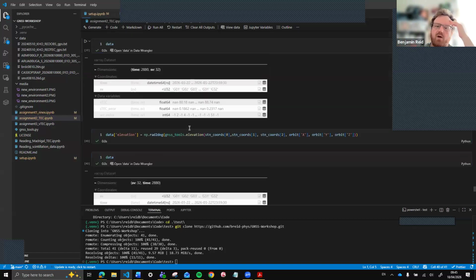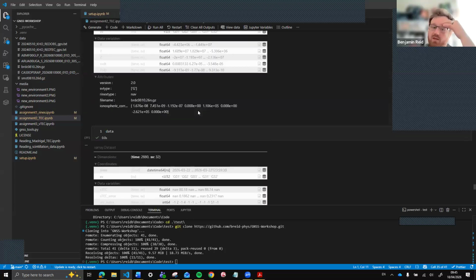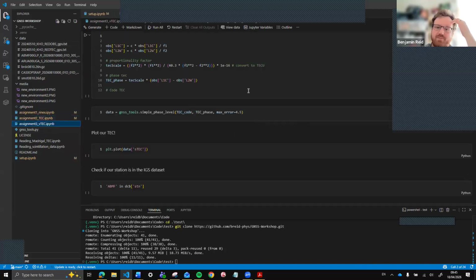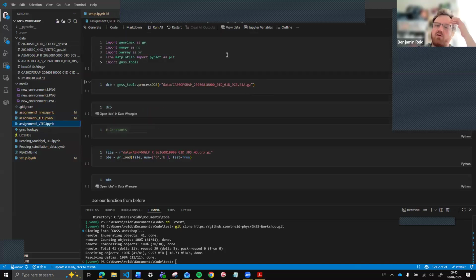I'm not sure why this is only giving me a plot for 50 minutes of data, but I will have to investigate that. There's always a problem with doing a bit of untested stuff.